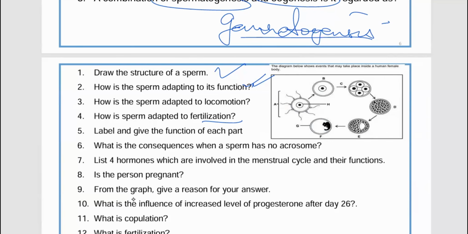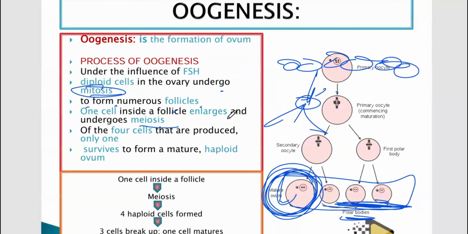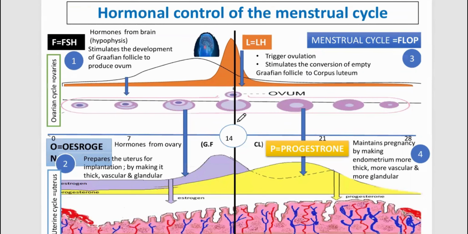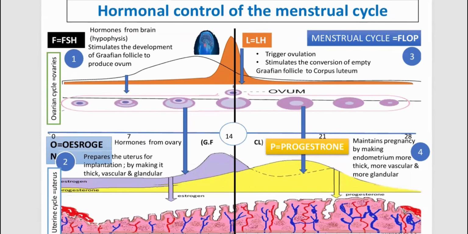Progesterone prepares the uterus for implantation. Progesterone maintains pregnancy by making the endometrium more thicker, more vascular, and more glandular. This word, more, if it's not there, you won't get a mark.